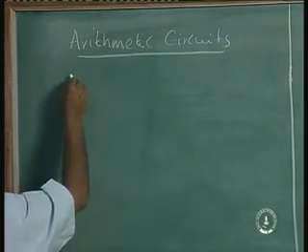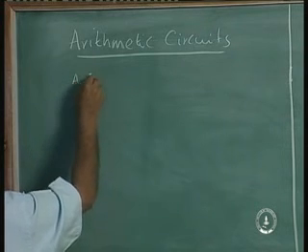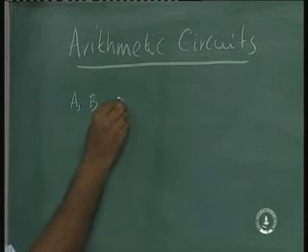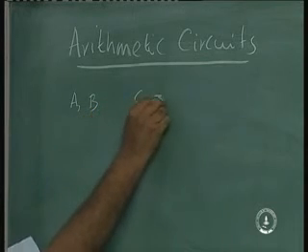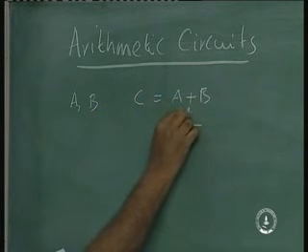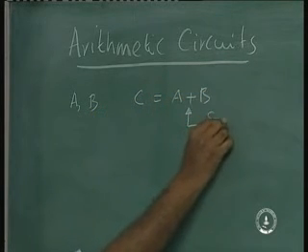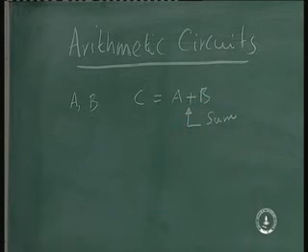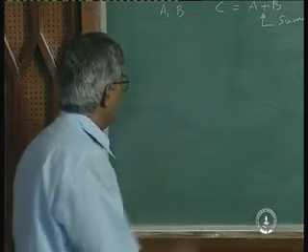Let us say we have two numbers A and B, and we want C, which is the sum of A and B. This is a sum operator, not the OR operator. Arithmetic sum. Since the numbers are binary, each of them can only take a value of 0 or 1, right? So I have 4 values.